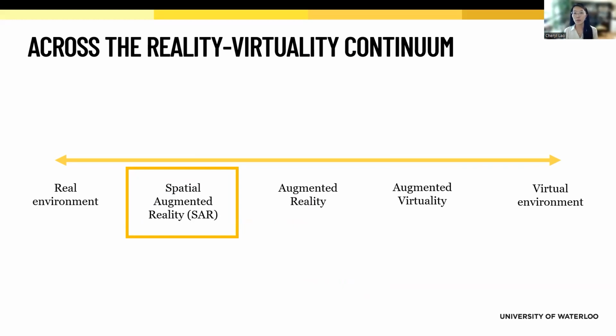We've already seen examples of anamorphic interaction cues in real environments, but we can also create anamorphic interaction cues using SAR. Those SAR interaction cues can then be simulated using increasing levels of virtuality. Later on in this talk, I'll actually discuss how we prototype SAR experiences using VR.